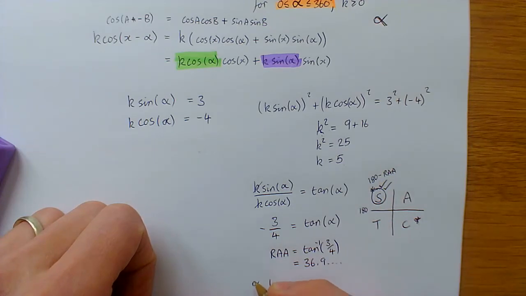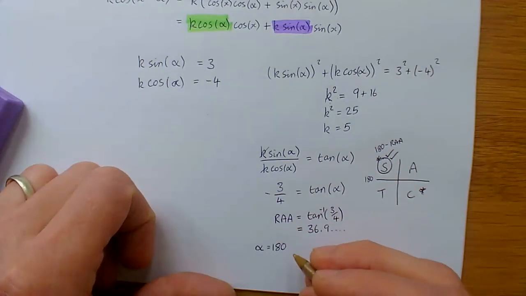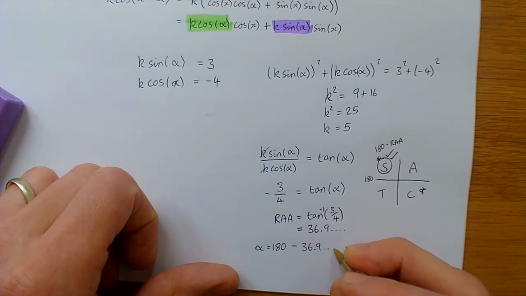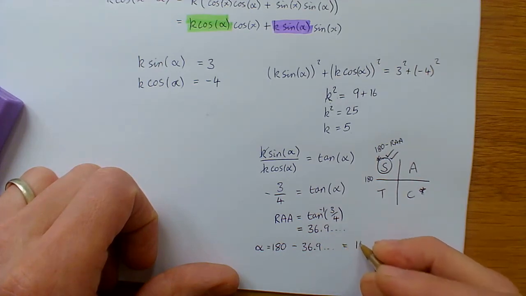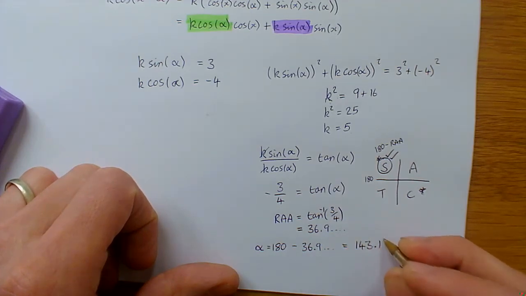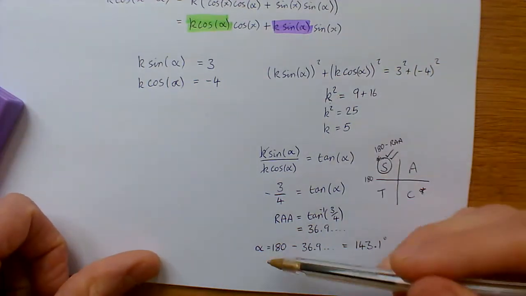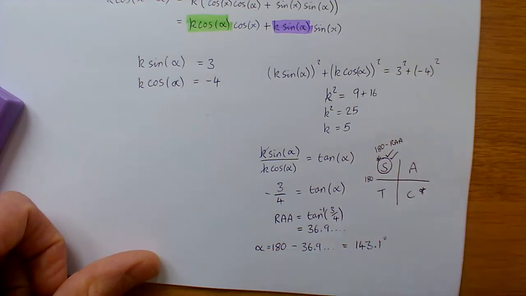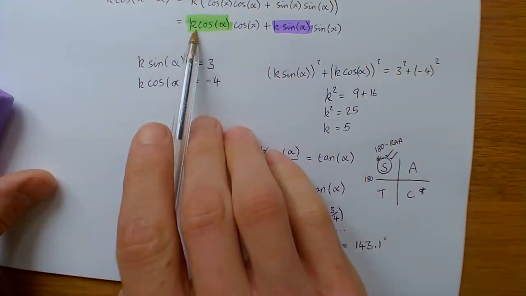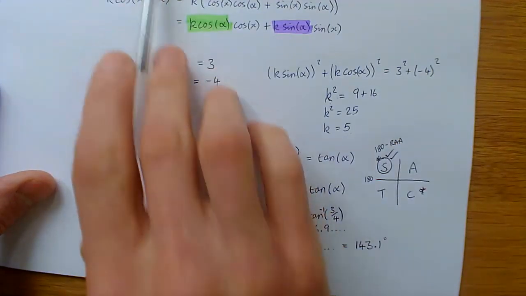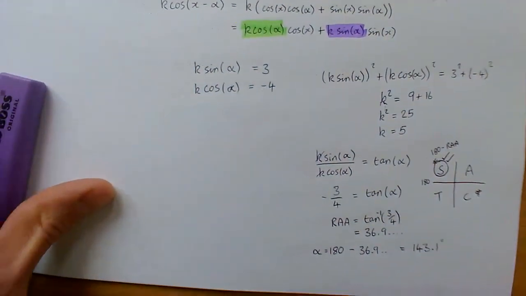So our alpha is equal to 180, oh, running off the screen, take away our 36.9, etc. And that gives us 143.1 degrees. Now we know our k and we know our alpha, we are finished because we can put them in there, we can run that back to there, and we were just comparing, so everything works out.